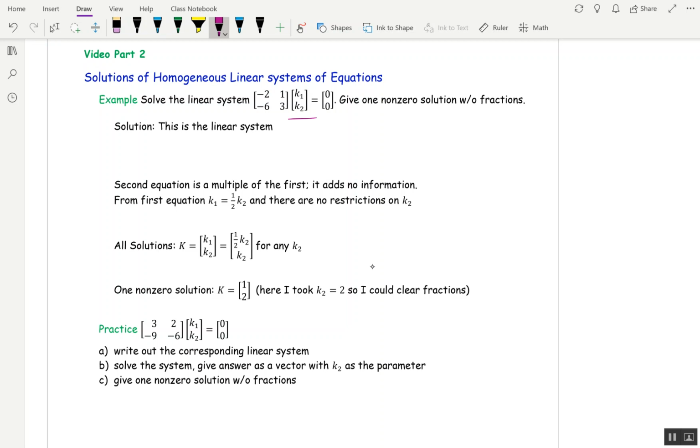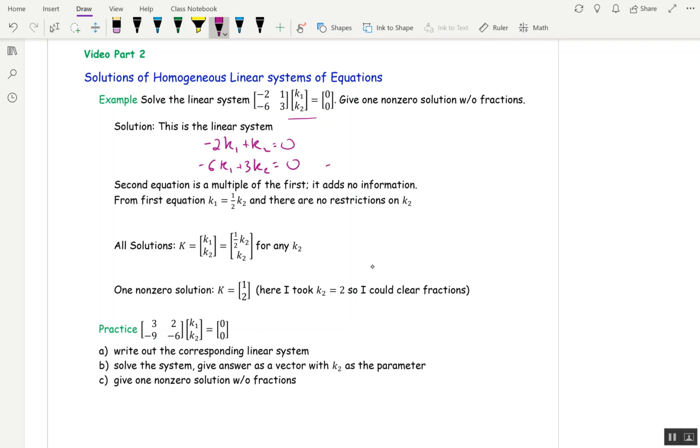So if we take this product here and set it equal to 0, 0, we get two equations. Negative 2k1 plus k2 is 0, and negative 6k1 plus 3k2 is 0.